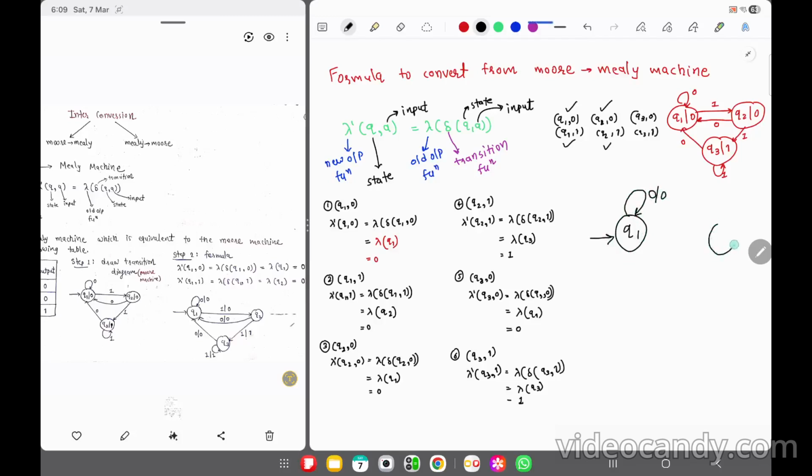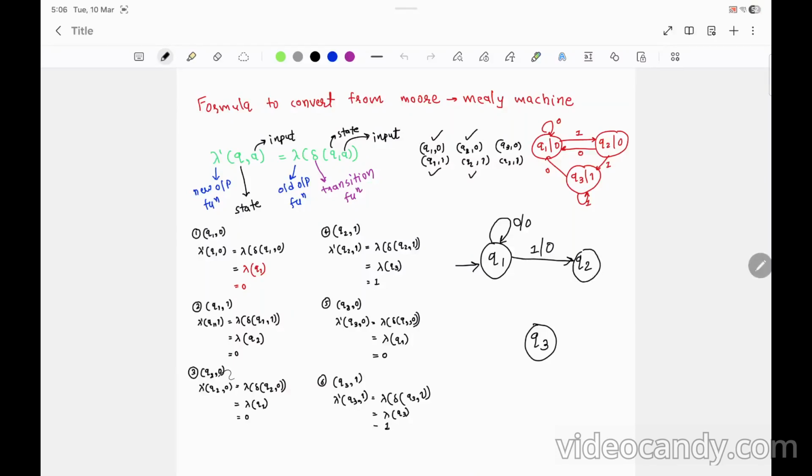We can draw the other states also. After that, we give the transitions. For state Q1 with input 1, we go to state Q2 with the output 0.